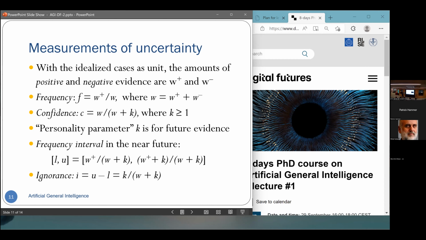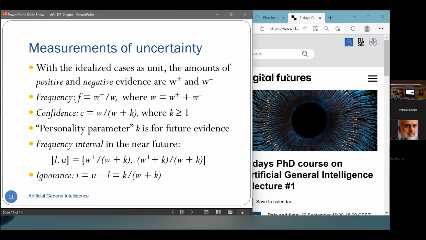And especially if you take the width of the interval, that gives you a natural measurement of your ignorance about this. Okay? You can say, oh, in the near future, my future frequency will be between 0 and 1. Well, of course, you can say that's always the case because that's where it's defined. Okay? But if you say that, it basically means you don't know.